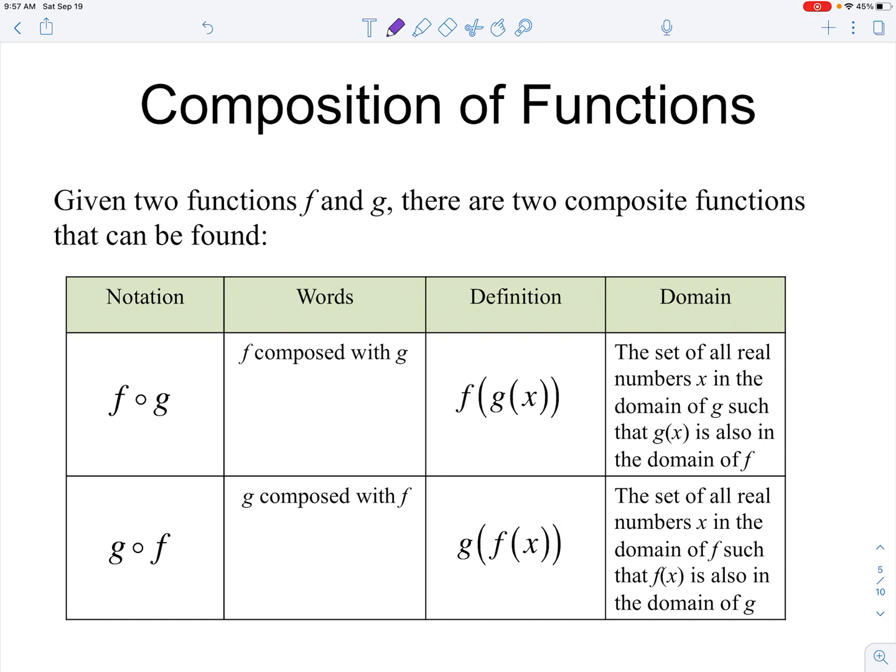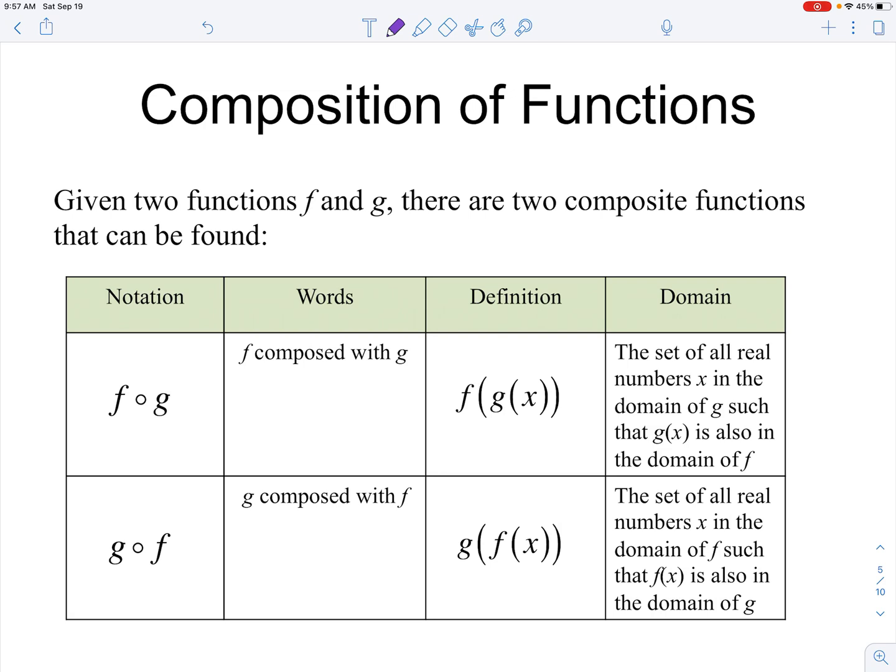Okay, and so if you were given 2 functions and you were composing them, you were evaluating a function at the other function. When I think of composite functions, I think of Russian nesting dolls, where when you keep opening up the doll, there's another doll inside.